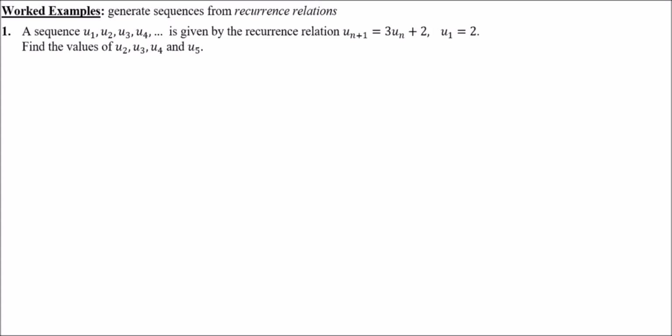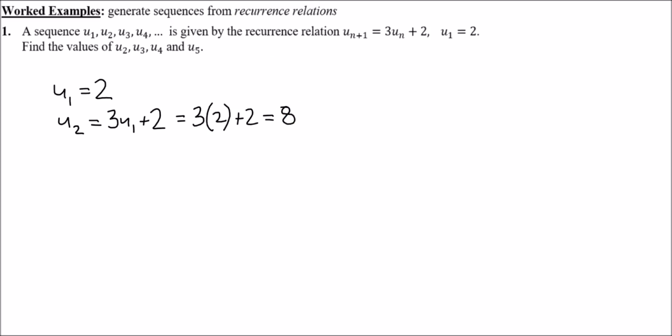So what we can do here is just take this one step at a time. We're told that u1 is 2. Therefore, u1 plus 1, the next one, u2, will be 3 lots of u1 plus 2, which is 3 lots of 2, because u1 is 2, plus 2, that gives us 8.